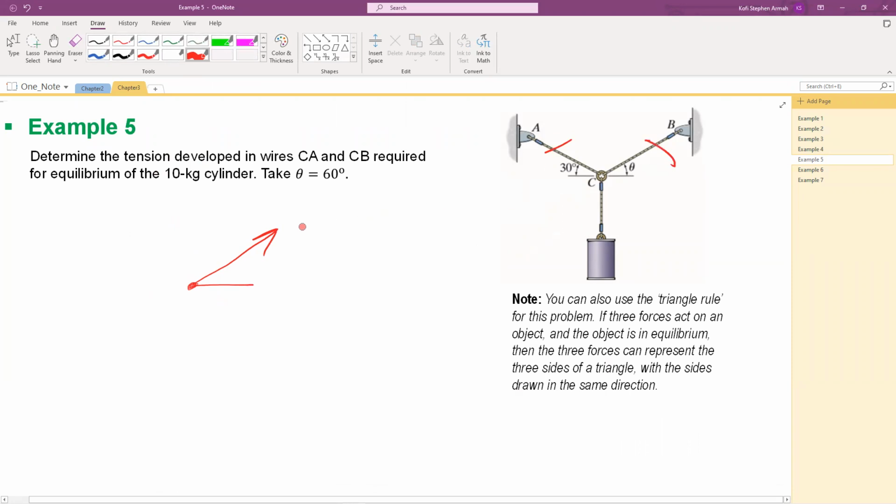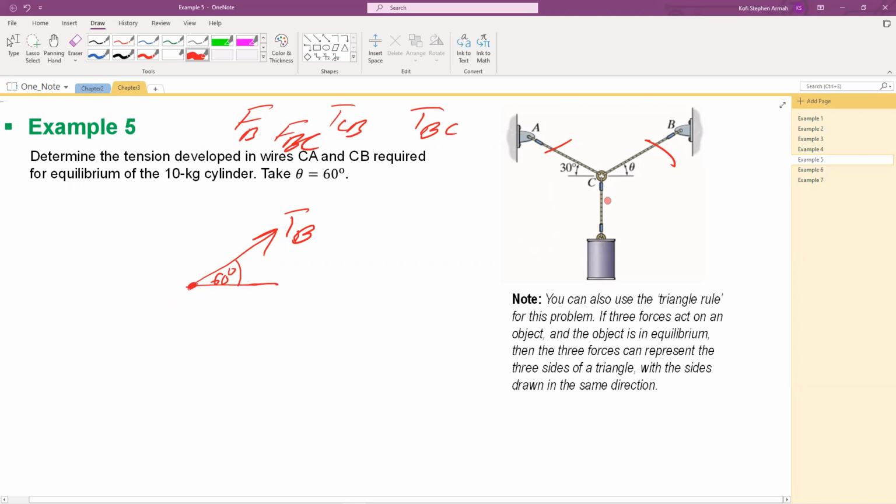I don't know how you want to call it, but let me call it tension B. You can call it tension in BC or tension CB, or force B or force BC, whatever you want. And this angle is 60 degrees.